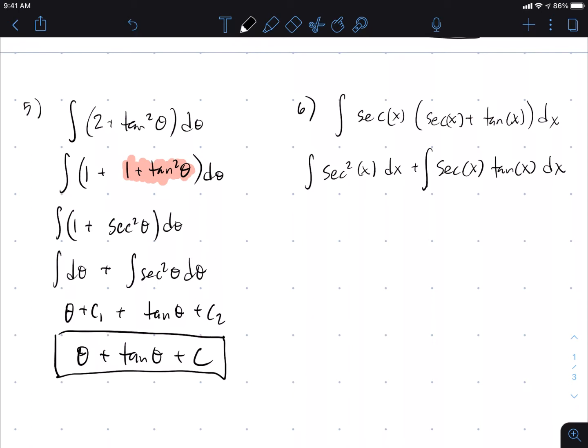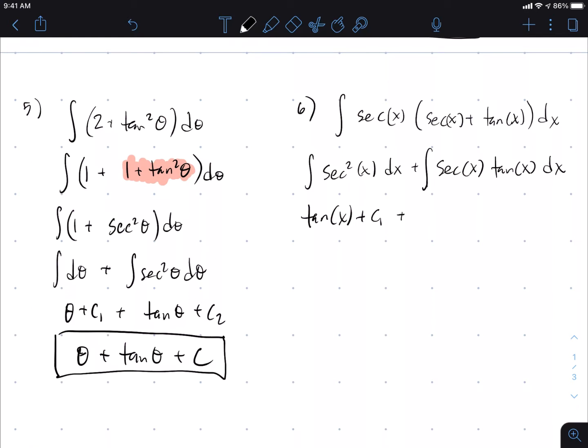Do we know what the integral of secant squared x is? Yes. Look to your left. It's right there. Yeah, tangent. So this one will be tangent of x plus c1. And what derivative gives us secant x tangent x?